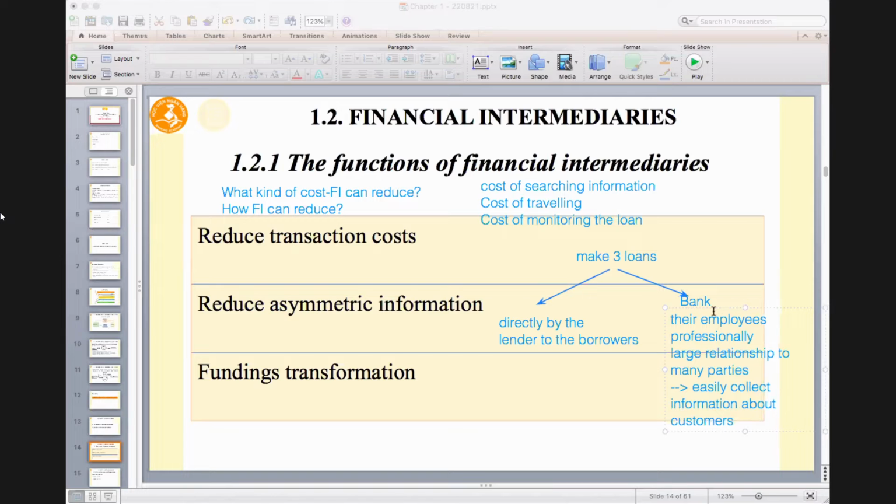They have very professional personnel to do that, so they can save time and money. However, unprofessional people who want to give a loan to another may pay more money or more time to collect enough information.